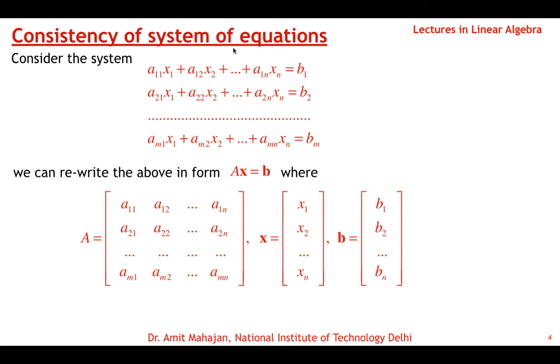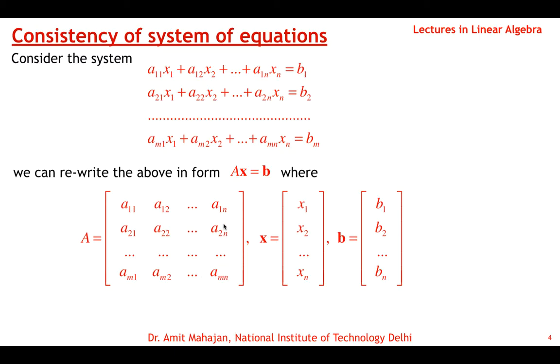If you are given a system of linear equations with m equations in n unknowns, then we can rewrite this in matrix form as Ax equal to b, where A is the coefficient matrix of the left hand side coefficients: a11, a12, a1n, a21, a22, and so on to a2n, and so on to am1, am2 and amn.